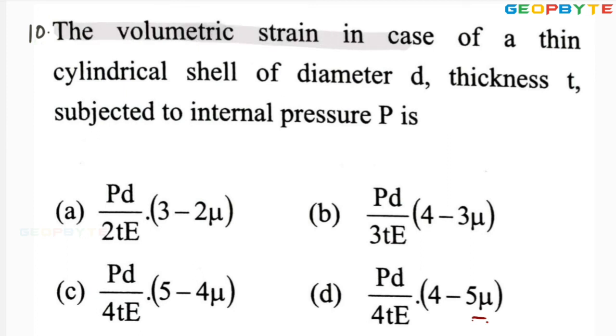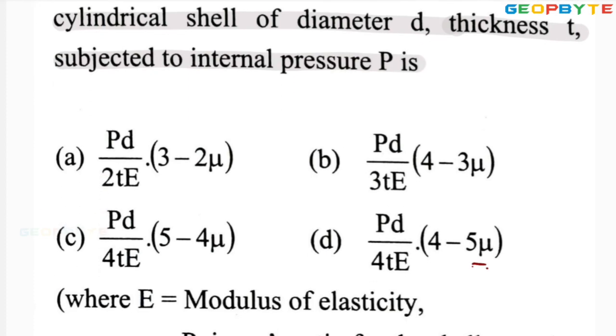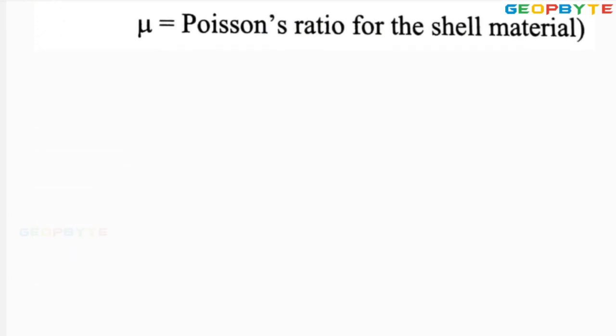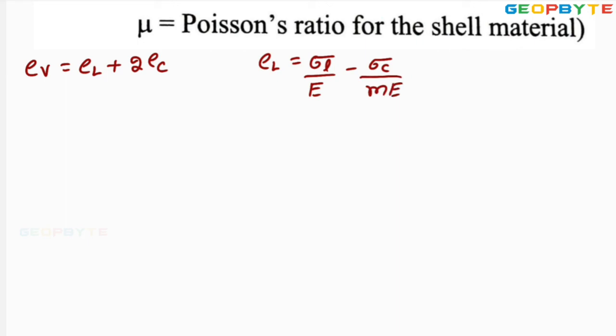The volumetric strain in case of a thin cylindrical shell of diameter d, thickness t, subjected to internal pressure P. You are asked to find the volumetric strain. Let us write the volumetric strain formula: EL plus 2EC. Here EL equal to longitudinal strain equal to sigma L by E minus sigma C by mE.